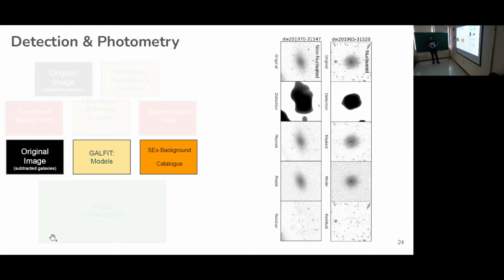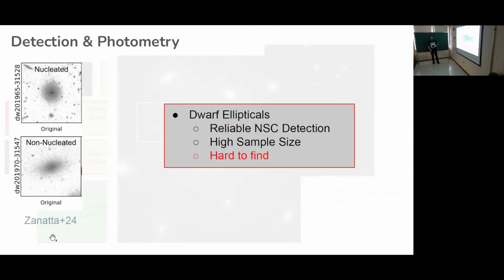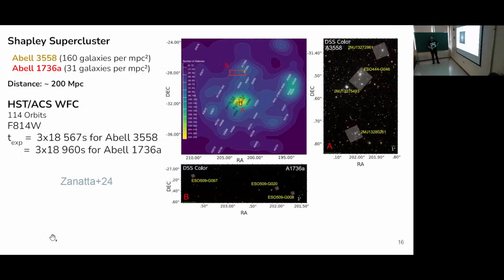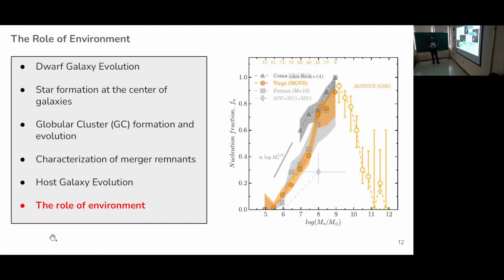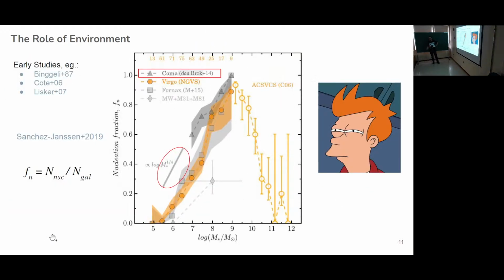In this work we didn't have mass estimates because we only had a single band for each image. However, from the behavior of the nucleation fraction, we would say that the peak of nucleation is around 10 to the 9.